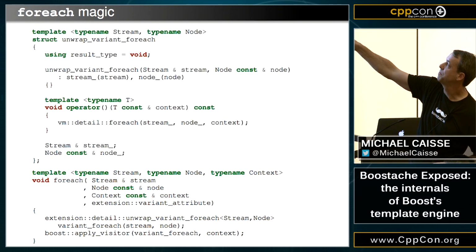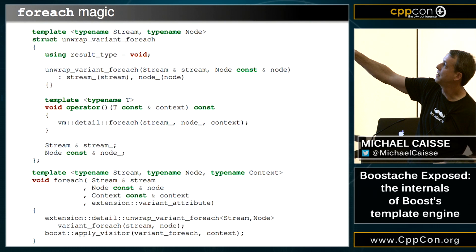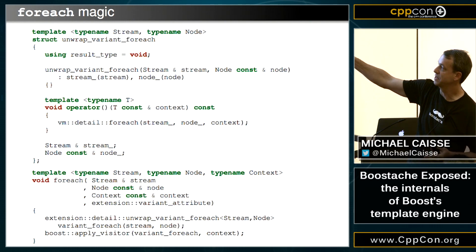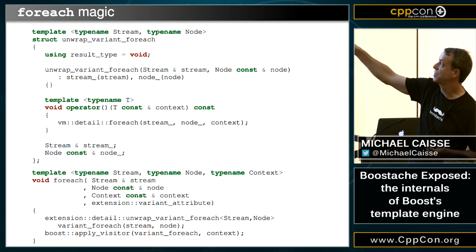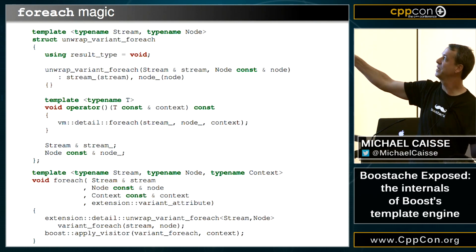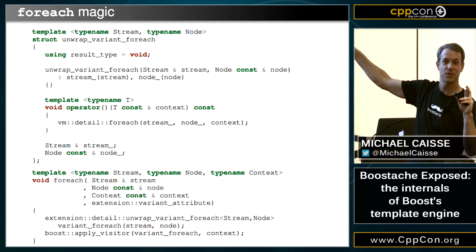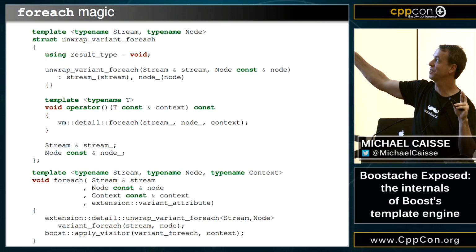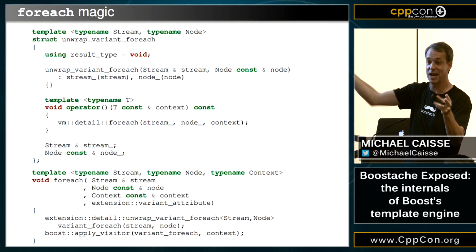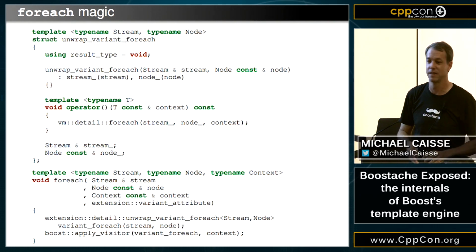It is going to simply create this type, giving it the stream of the node, so it's storing the state basically of where I am, and calls apply visitor, which, for whatever type it has, now it knows the type, it can recall the for each with the correct type because it's unwrapped it. So it's done nothing, right? It's just basically calling for each again now that it actually knows the type that's inside the variant.